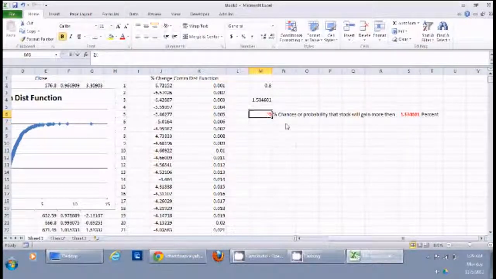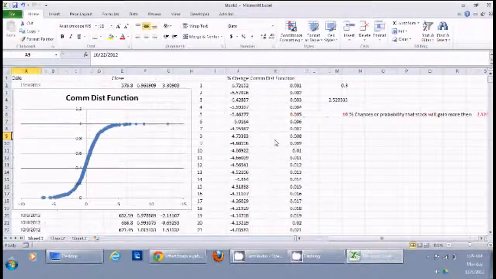And if I say 10%, then there is a probability that it will gain 2.523%. So the chances are only 10%. So this can be a handy way to calculate the probability of the stock gaining a particular price in a coming day.